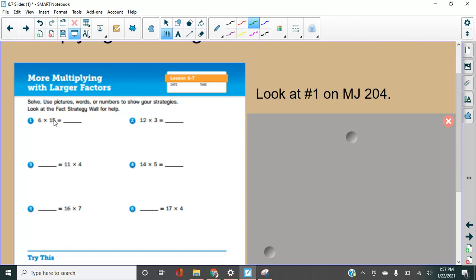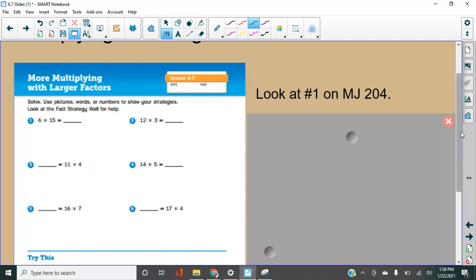Don't make it 7 and 8. That's too weird, right? Well, if you really think you know those, you can do that. But make it 10 and 5. Do 6 times 10 and 6 times 5. That'll be something that you'll be much more comfortable with. So you're going to be breaking apart the bigger factor.